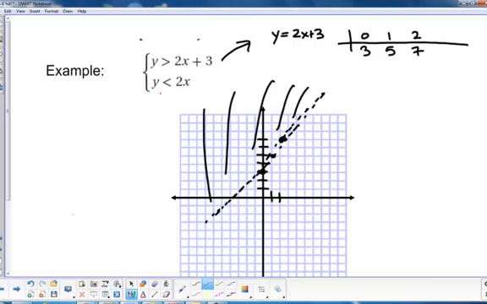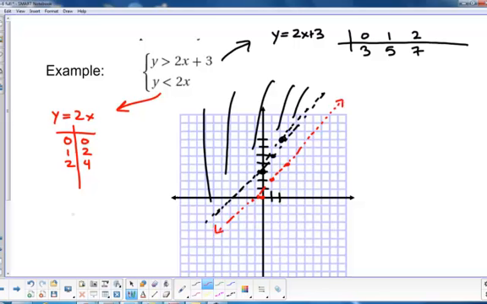All right, my next one is y is less than 2x. So I'm thinking about y equals 2x. 0 gives 0, 1 gives 2, 2 gives 4. So do you see how these are perfectly parallel, no intersection point at all?